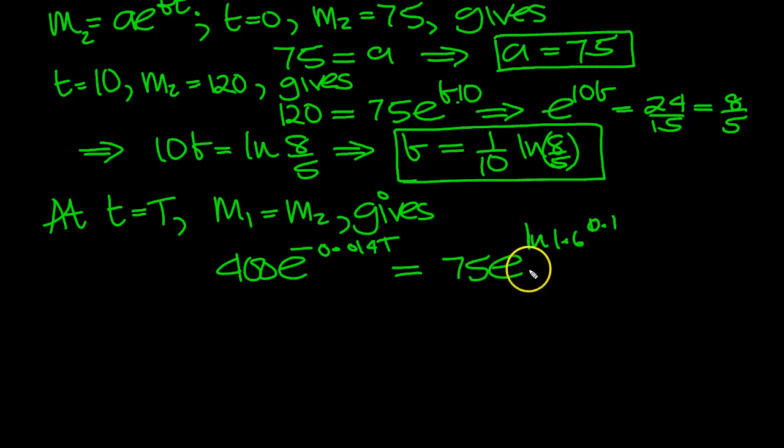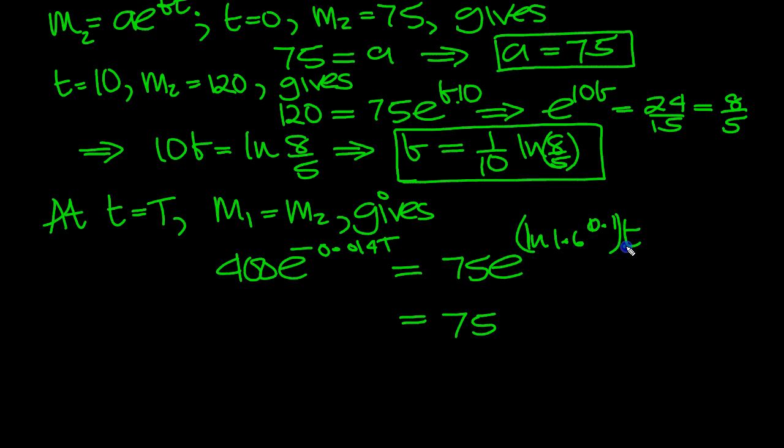Okay, that's what we've got there. 75 e to the b times t, e to the ln of bt. So this ln number's here, isn't it? That would equal 75.